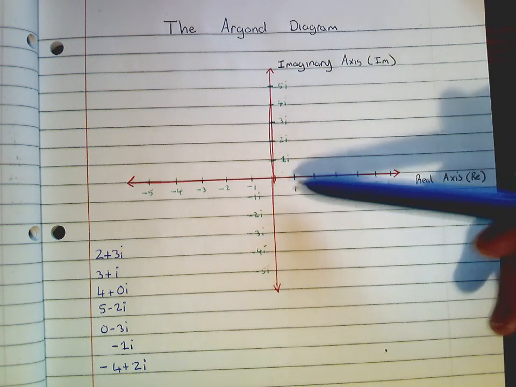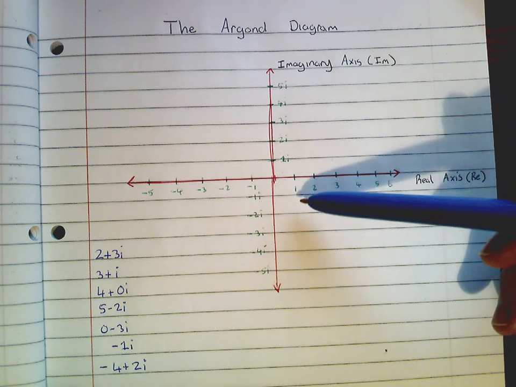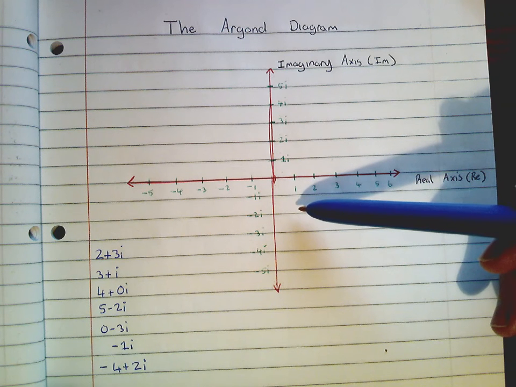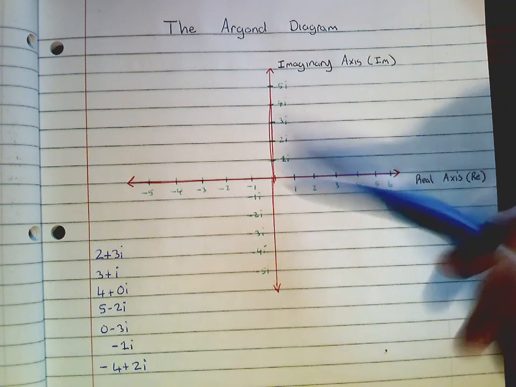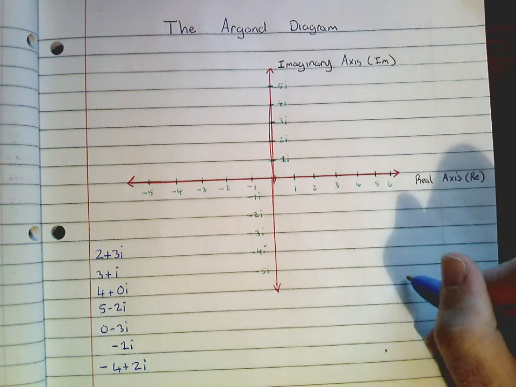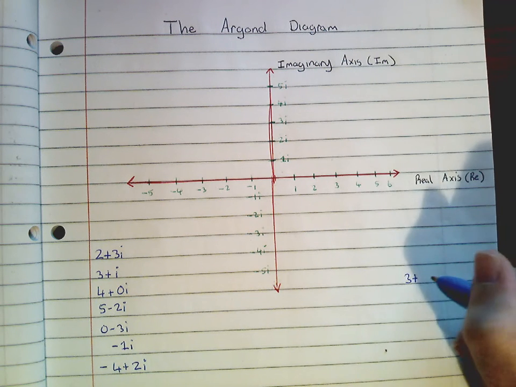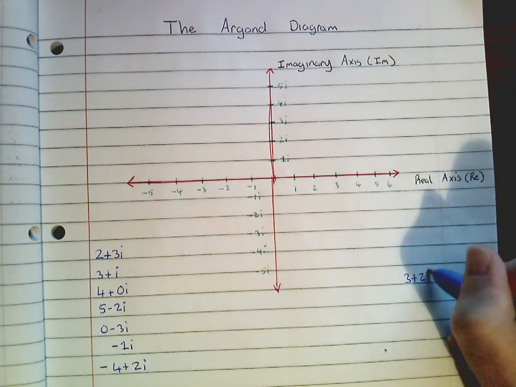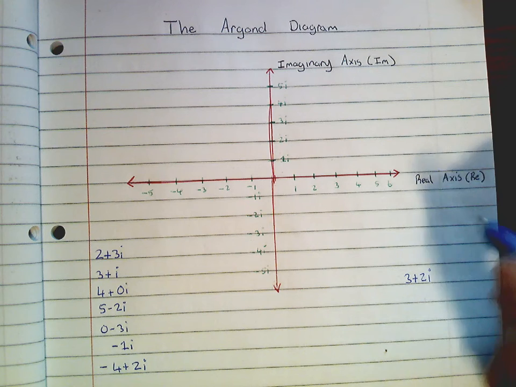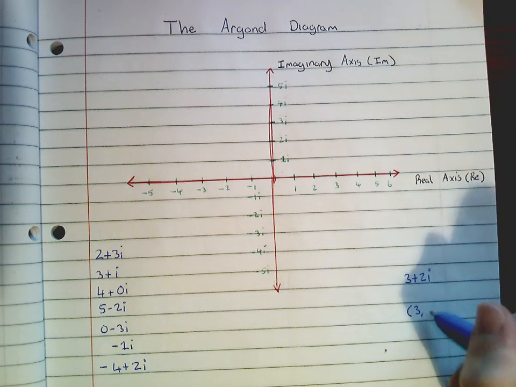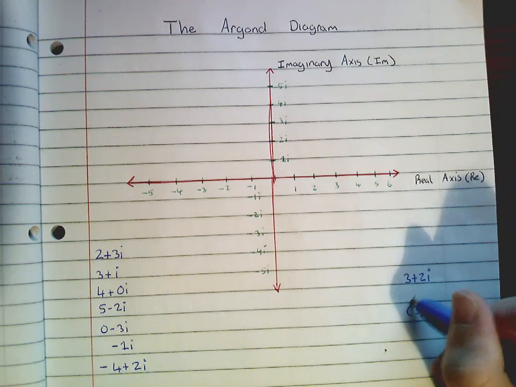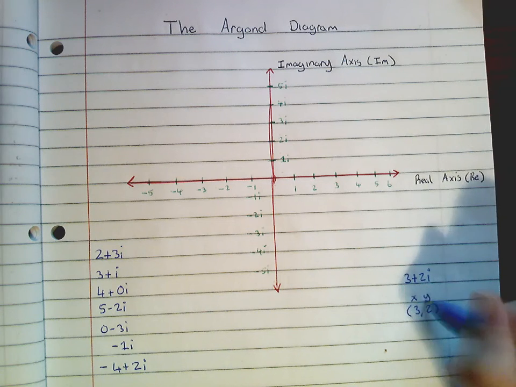With both of these axes, complex numbers can be plotted in the same way as points on a coordinate plane. For example, if you have the complex number 3 plus 2i, just like on a coordinate plane you need two values, 3 and 2, where this is your x-axis and this is your y-axis.